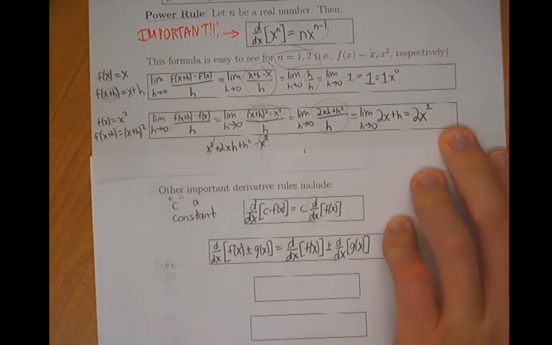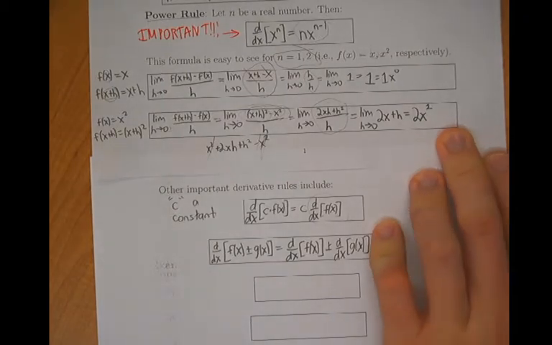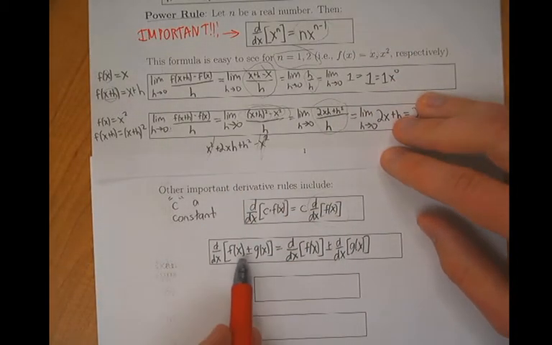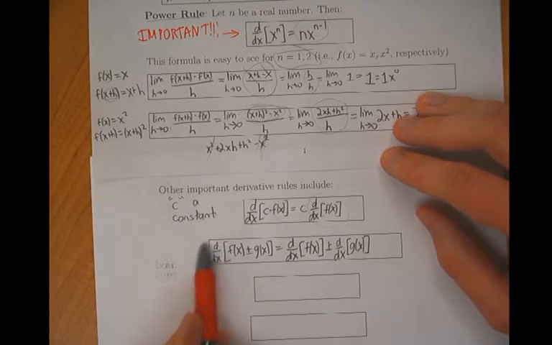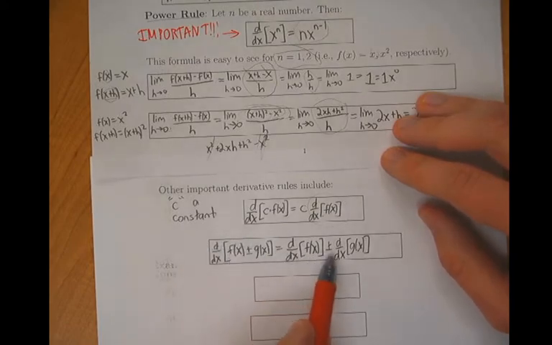So what the second one says is that the derivative of a sum or difference of functions is the sum or difference of the derivatives of those same functions.